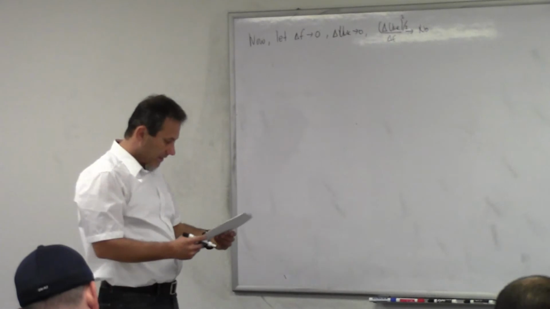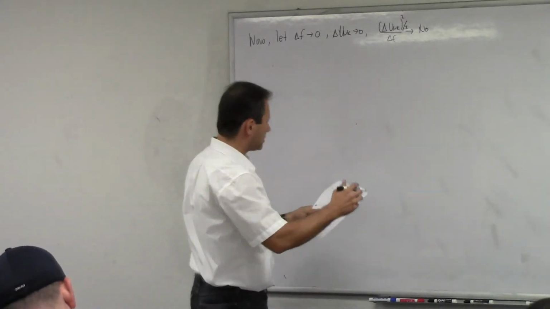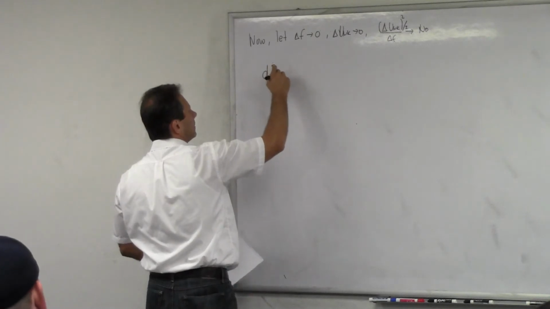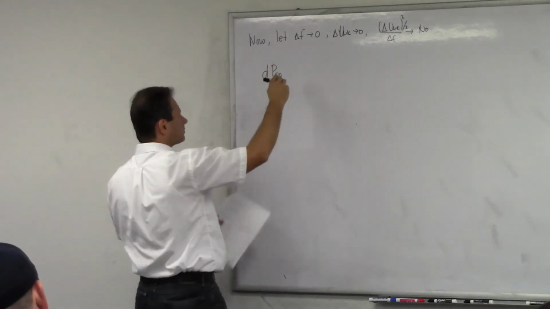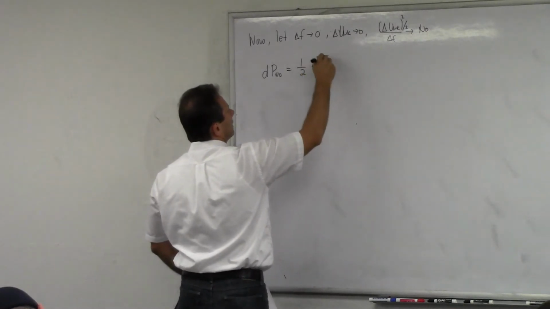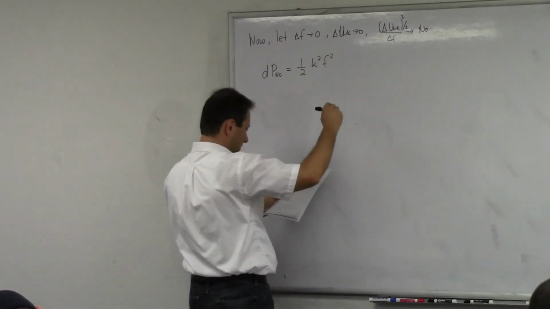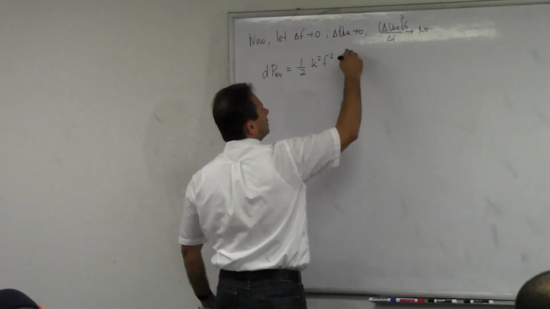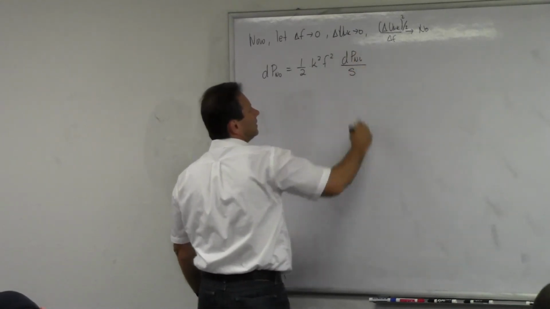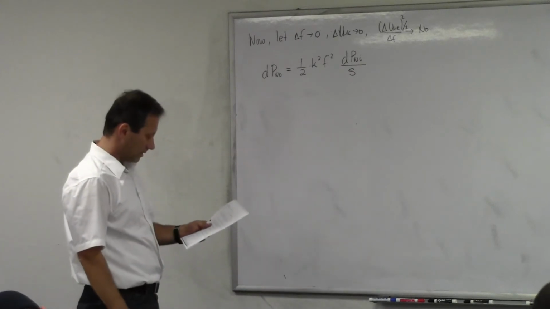So if that's the case, then for that relationship for the power, I can say the element of the power at the output is going to be 1/2 K squared F squared times the element of the power at the input divided by the power of the carrier.